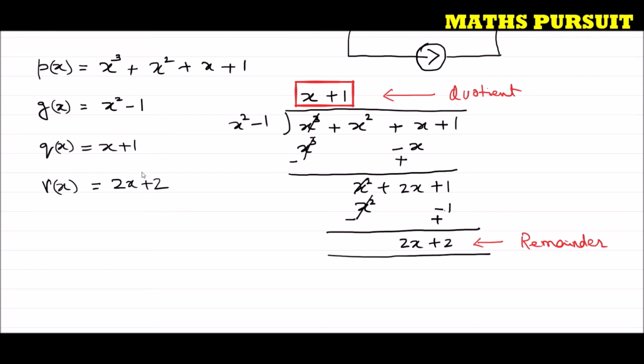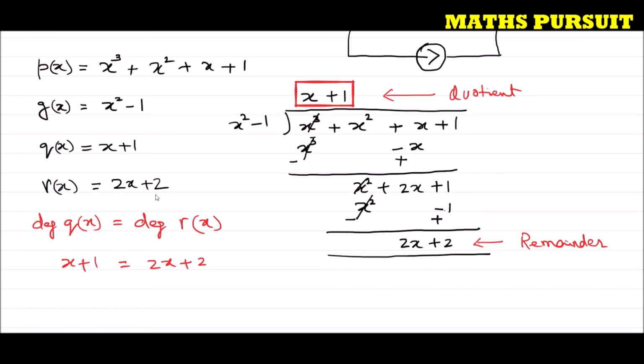Now let us check one by one. As per the question, we are supposed to frame a polynomial in such a way that the degree of Qx is equal to the degree of Rx. Now let us check what we got here. Our Qx is x plus 1, and our Rx is 2x plus 2.